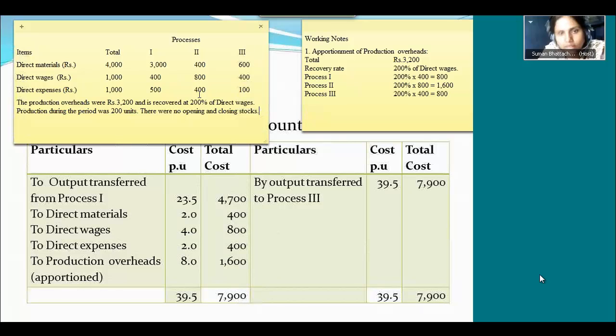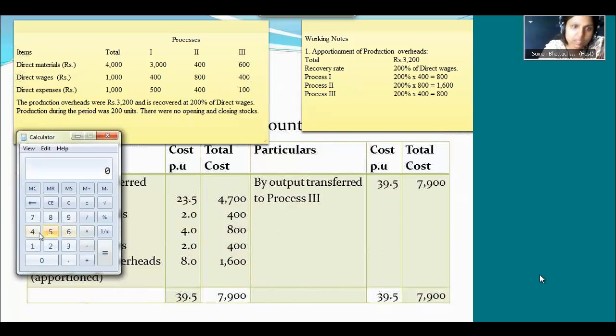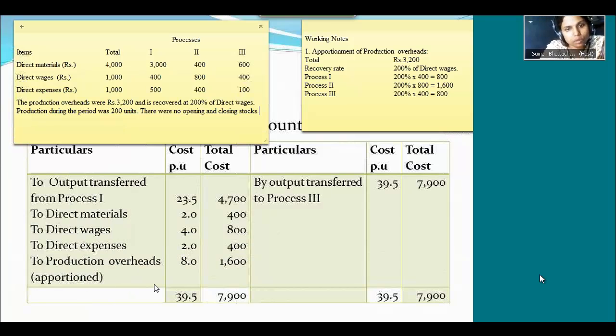It should be debited to direct expenses, 400. The cost per unit is 400 divided by 200, so it comes rupees 2.